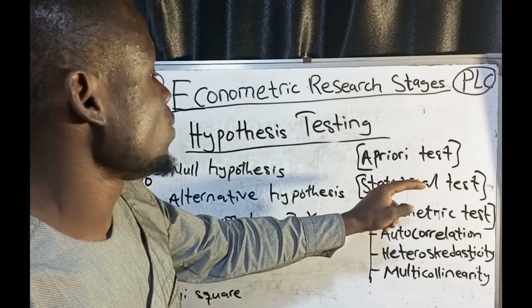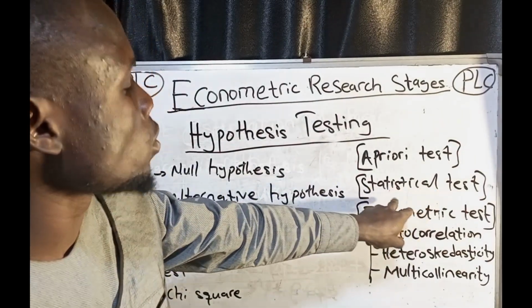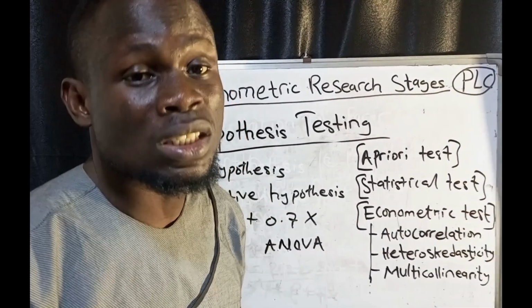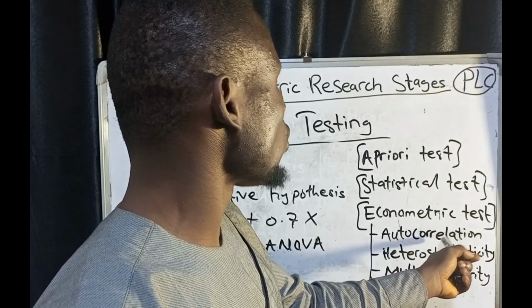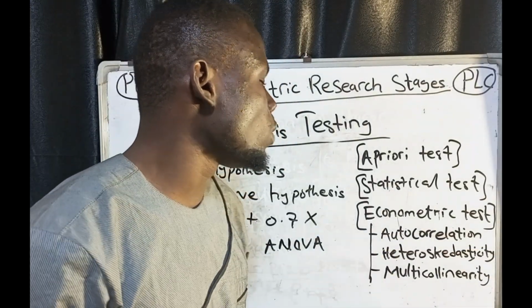After we have done our statistical testing, which is also referred to as the first derivative, then we have the econometric test, which is the second derivative. And here we test for autocorrelation, heteroscedasticity, and multicollinearity.